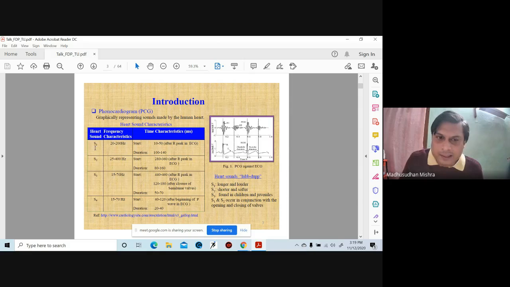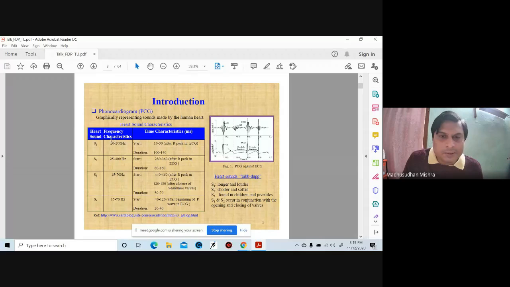The frequency range of the first heart sound is from 20 hertz to 200 hertz, whereas S2's frequency is slightly higher, 25 to 400 hertz. Likewise, the third sound, S3, has a quite lower frequency, and it becomes very challenging to detect or hear S3 from the phonocardiogram signal or the heart sounds.